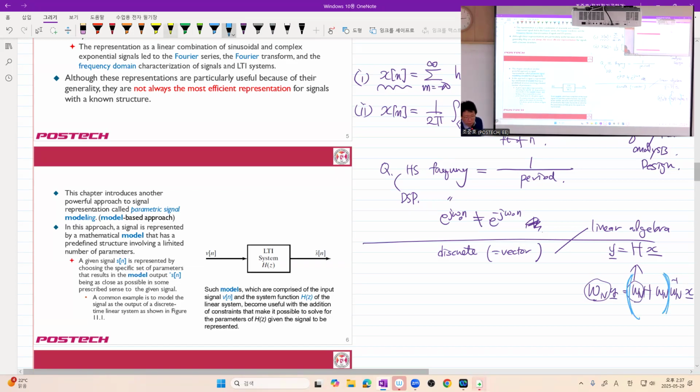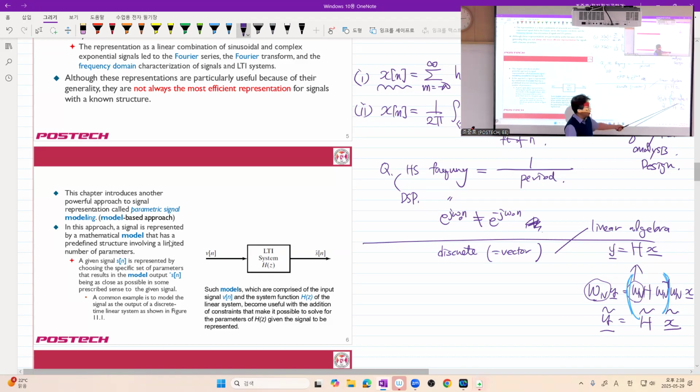So what is this one? This vector y tilde is the DFT of y, and this x tilde is the DFT of x, and this H tilde is what?